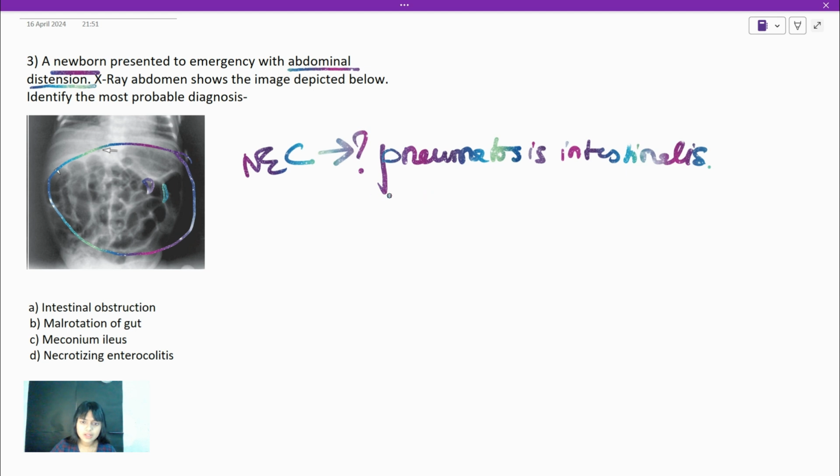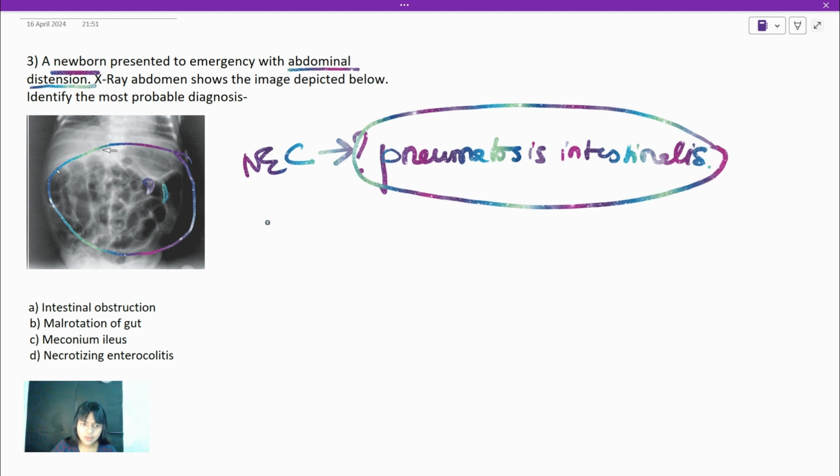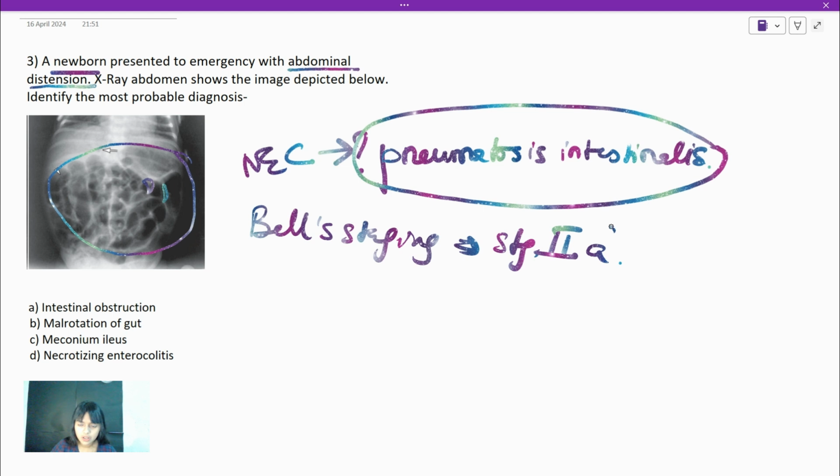Okay, so this is the pathognomonic sign of NEC, mind you. Okay, and as per Bell's staging, this is coming to be stage 2A. Okay, in your INI-CET exam you may be asked this type of question. Okay, and if it's straightforward like in NEET PG, you may be asked just the diagnosis.